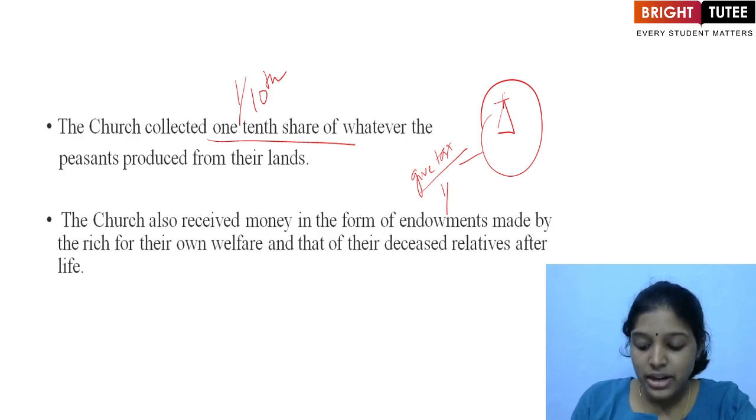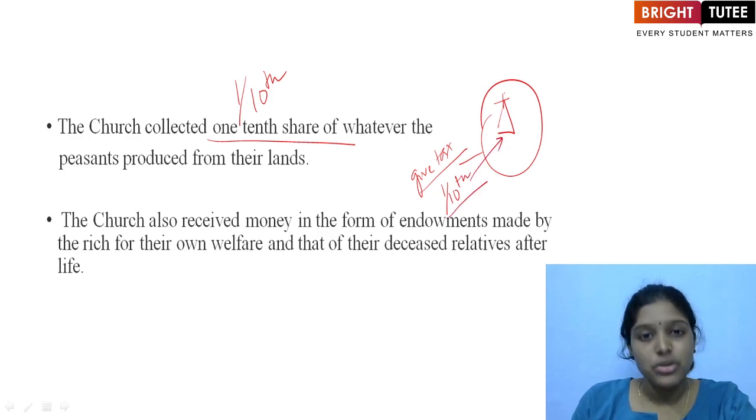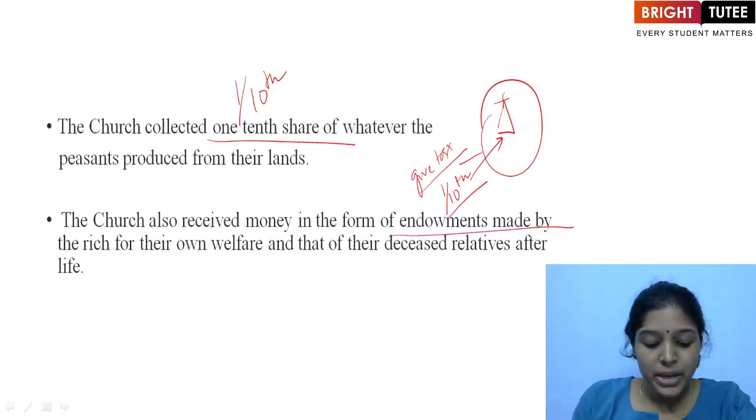So one-tenth of the produce of the peasant was to be given to the church. It was compulsory.